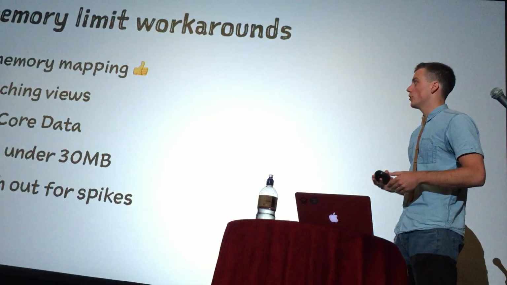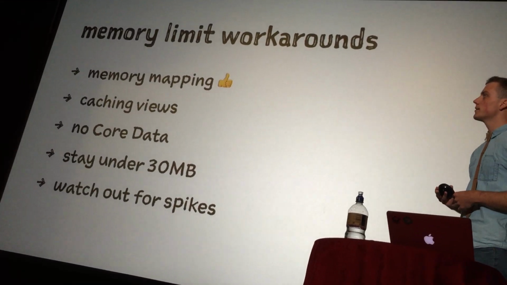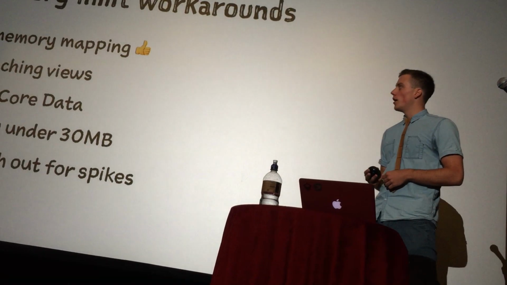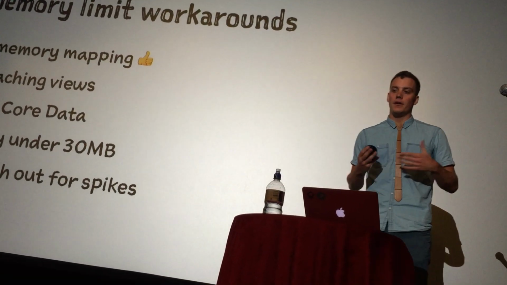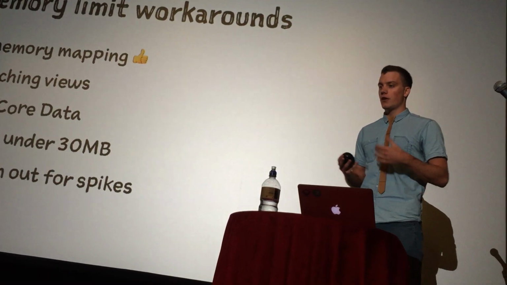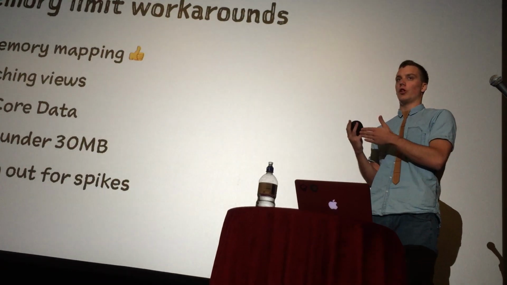So we came up over the year with a couple of workarounds or ways to mitigate this. The first one, and the biggest one probably, is something called memory mapping. So just for those who don't know, there is a way on all the Unix systems, I think, to take a file on disk and present it in memory as if it were already loaded.